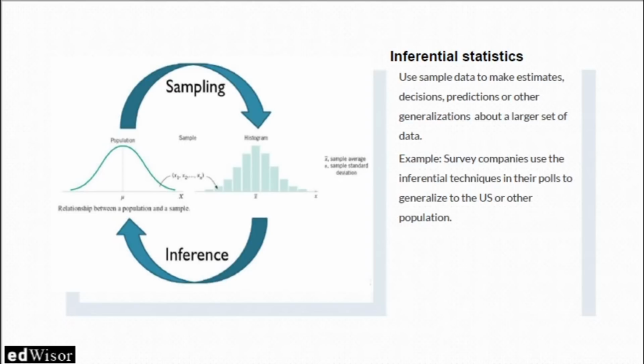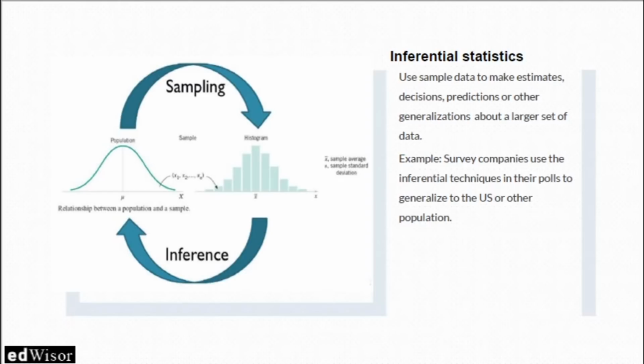How do these companies evaluate the exit poll results? Let us take an example. In a particular region, there is a population of 1 lakh. These companies will not go to all the 1 lakh people to perform a survey.